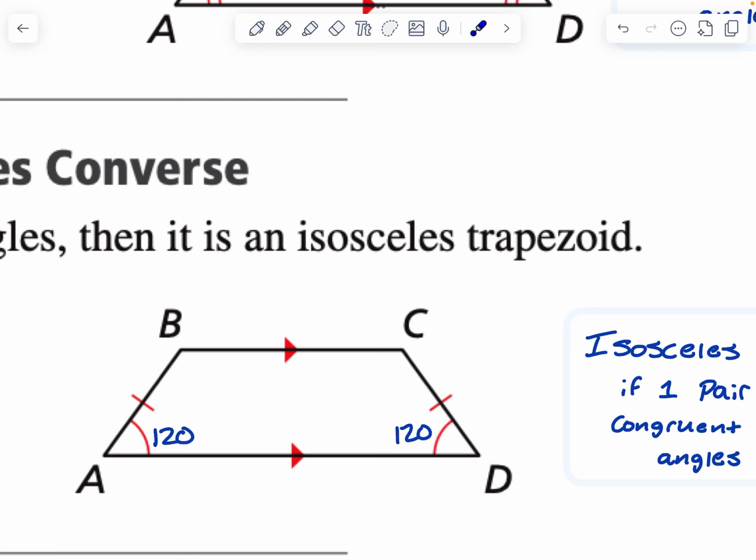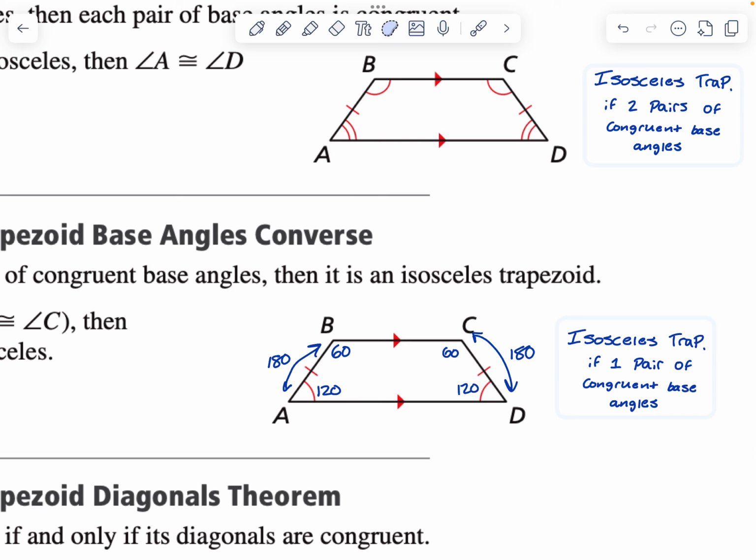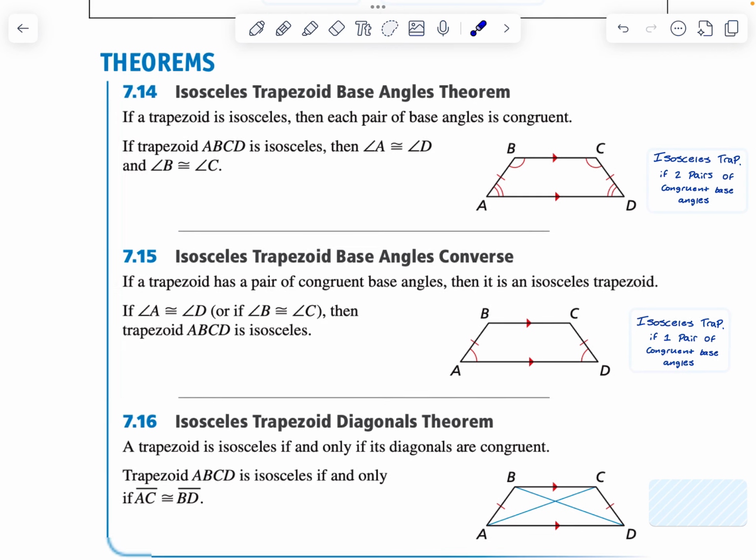Well, you might be thinking, we don't know that B and C are congruent. Yes, you do. I know that these two angles have to add up to 180, which means that has to be 60. So if I have one pair of congruent base angles, I know that the other pair of congruent base angles is there as well.